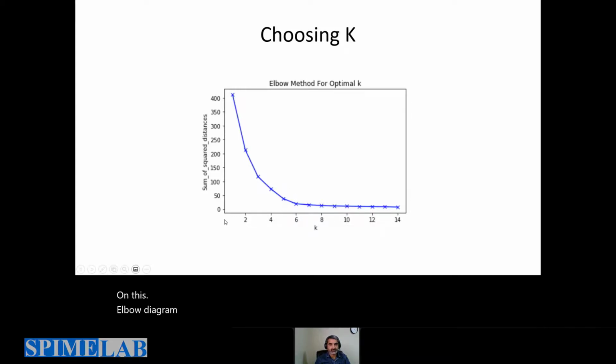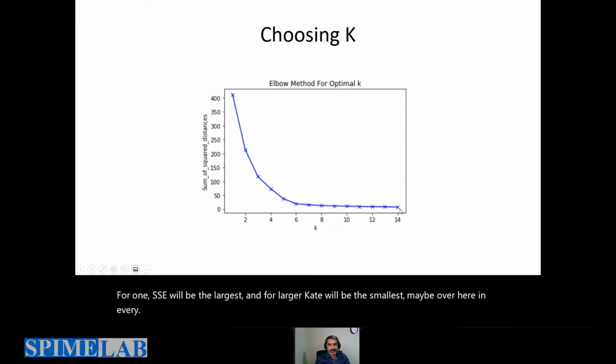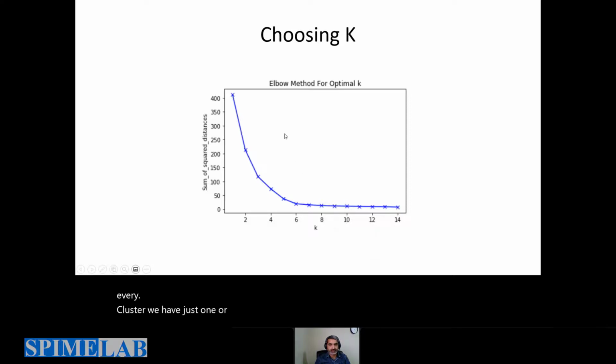So on x-axis, we have k 2, 3, 4, 5, 6 up to 14. And for 1, SSE will be the largest. And for larger k, it will be the smallest. Maybe over here in every cluster, we have just 1 or 2 data points. Over here, all the data points.